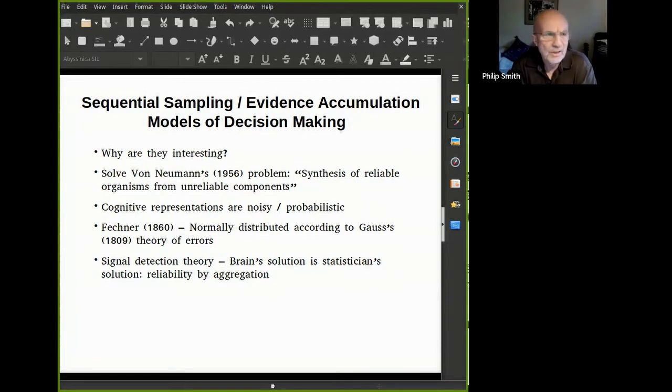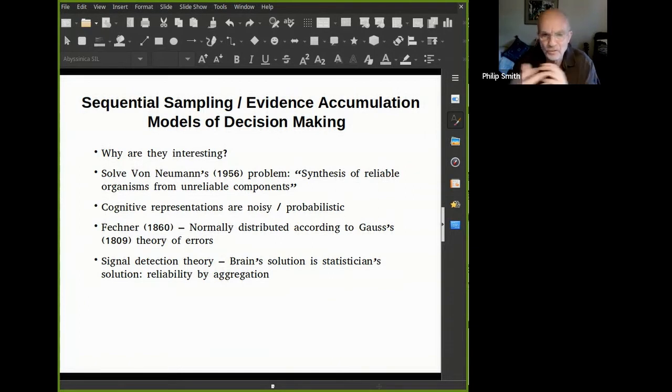Now, the fact that the human cognitive system was probabilistic or variable was recognized 100 years before von Neumann by Fechner in 1860, who confronted the problem of variability in his study of decision-making in relation to his work on the just noticeable difference. And he interpreted that variability in terms of Gauss's theory of errors, which predicted that cognitive representations would be normally distributed.